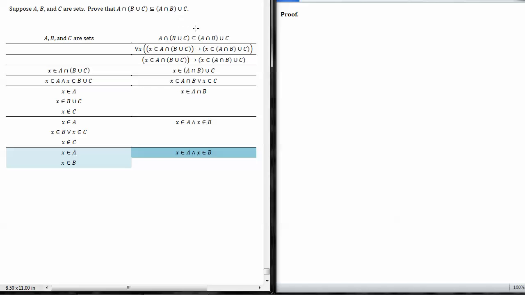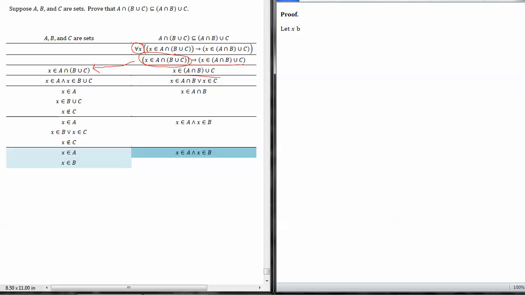So let's write it up. We started out with this goal, and the definition gave us this universal statement. We let x be arbitrary to get this goal, and then we proved that conditional by taking the antecedent as a given, which left us with this goal. Okay. So let's put all that in the first line.